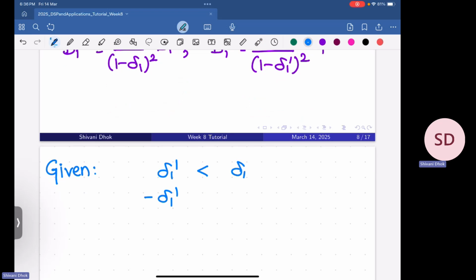So minus delta 1 prime will be greater than minus delta 1. Now if I add 1 on both sides, the inequality will remain the same. Similarly, if I square these things, the inequality will remain the same.